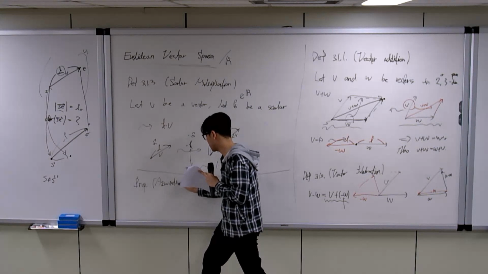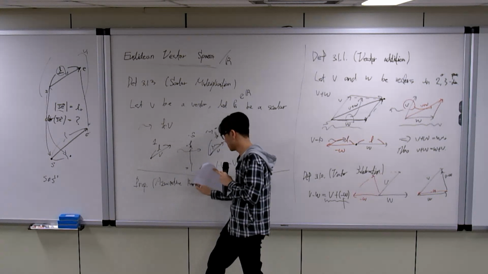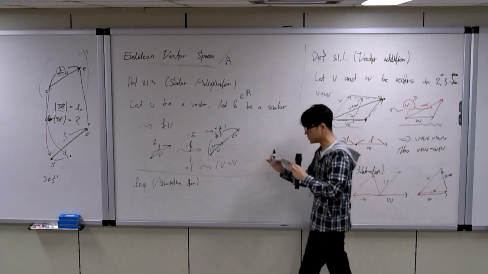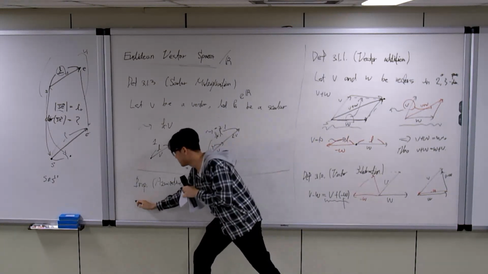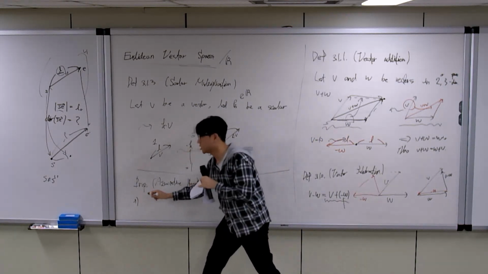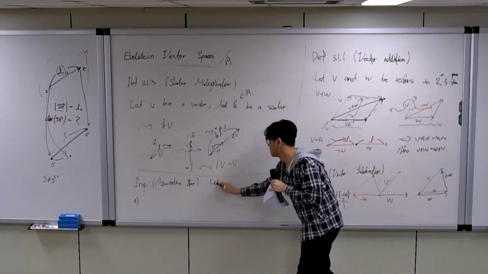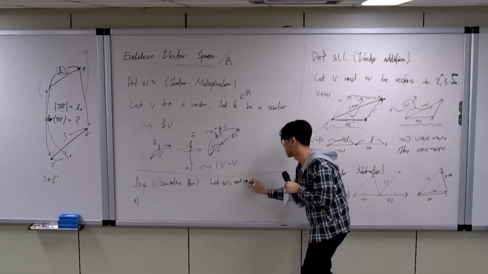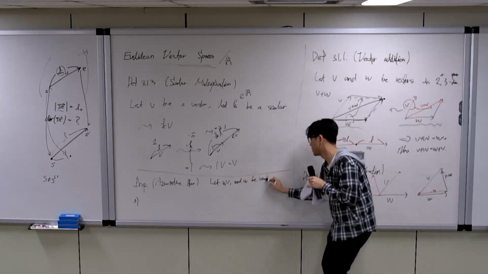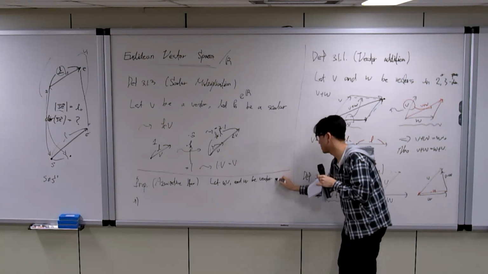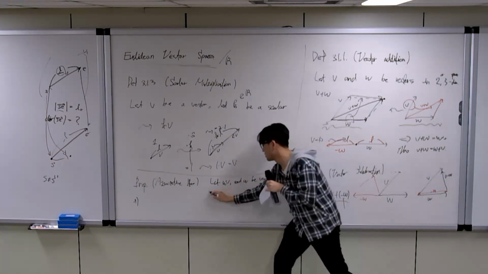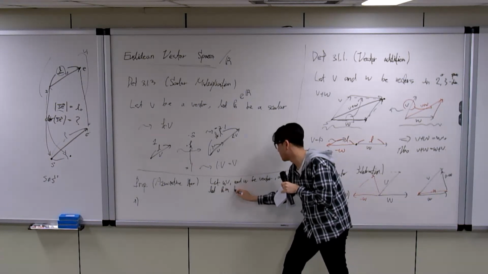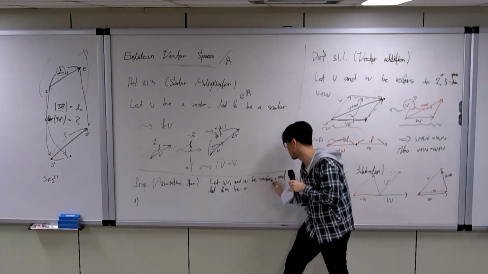That means we have three vectors u, v, and w, and let k, m be scalars.